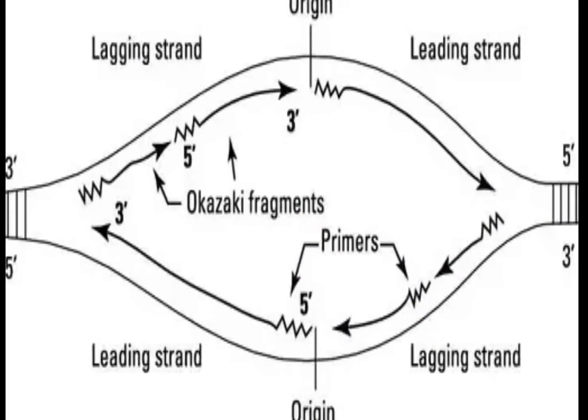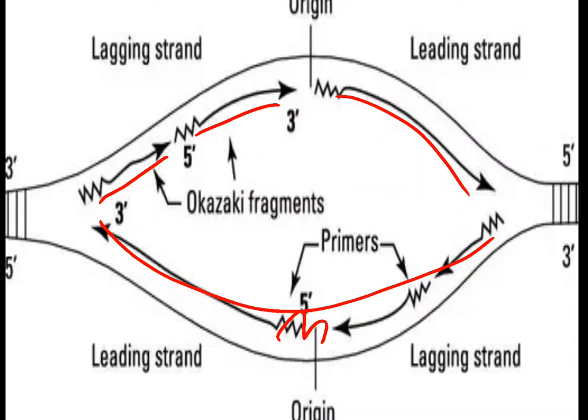It will be more clear from this figure. As you can see, on one chain the synthesis is taking place continuously in the 5'-3' direction. These zigzag lines are indicating the primers, which are RNA segments that are just for starting the replication, and which would ultimately be removed. And these small segments are on the other strand, which actually was to be synthesized in the 3'-5' direction, but since it does not occur in the 3'-5' direction, it occurs in small patches.